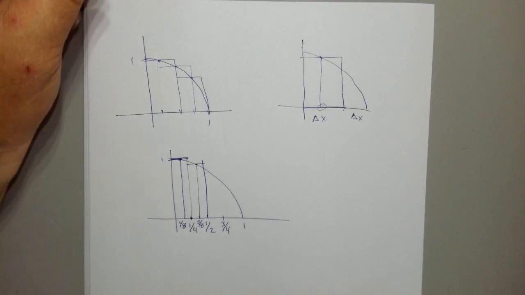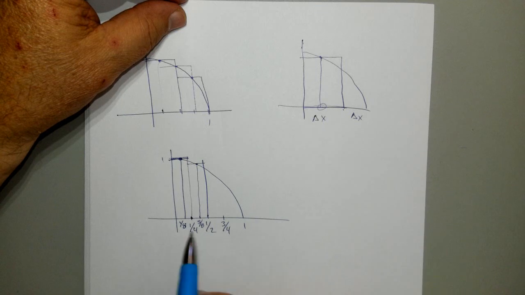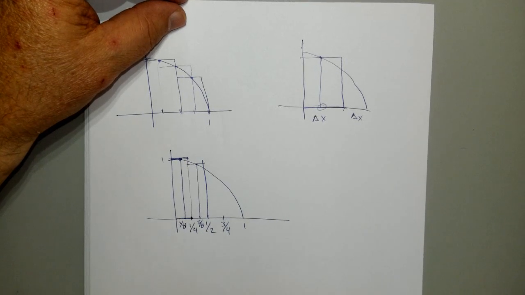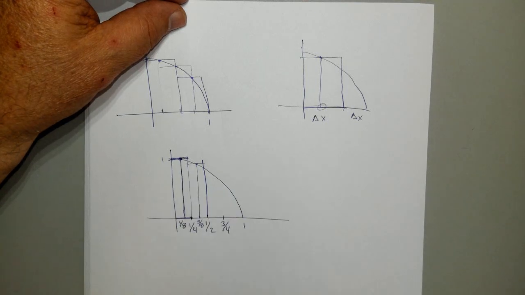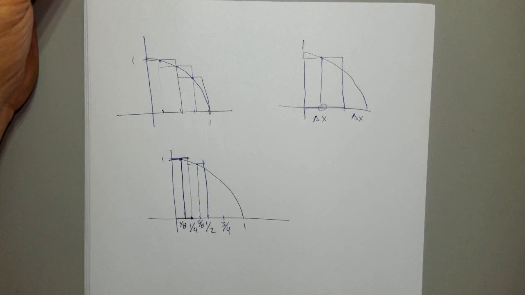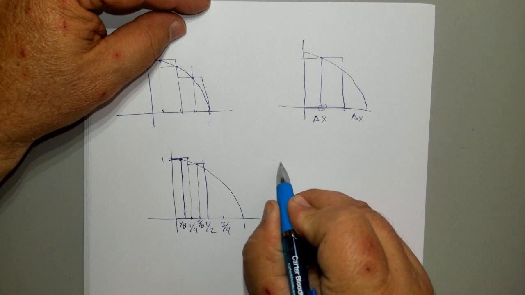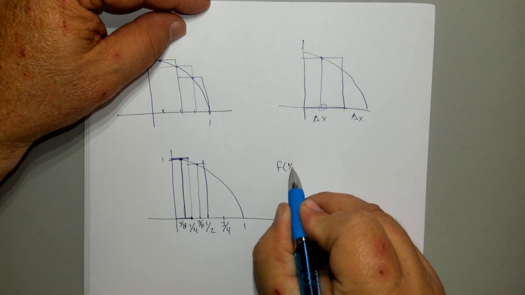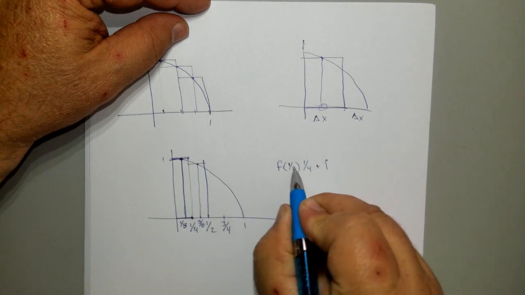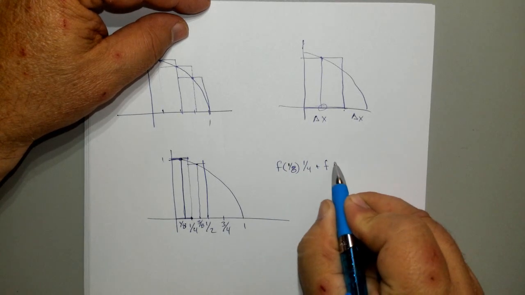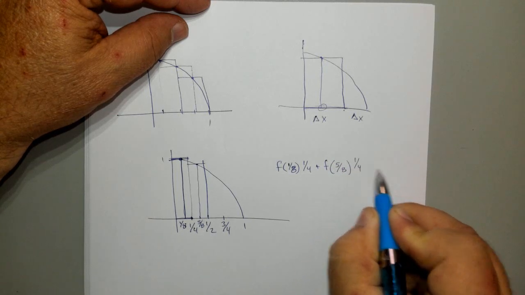So let's look at what that would look like. The width is still going to be delta x, but now we're only looking at that value. So our f inputs are 1/8 times 1/4. F of 5/8 is 1/4.